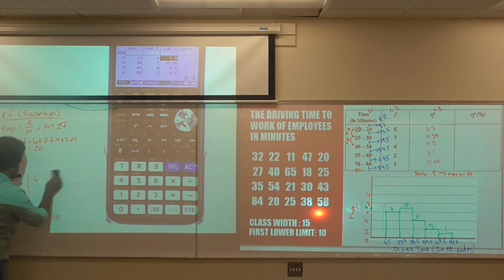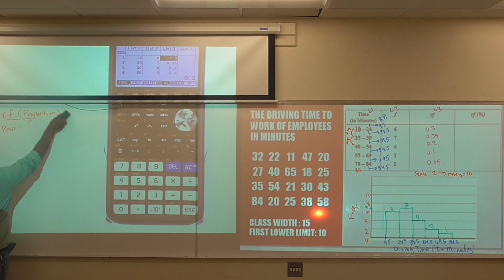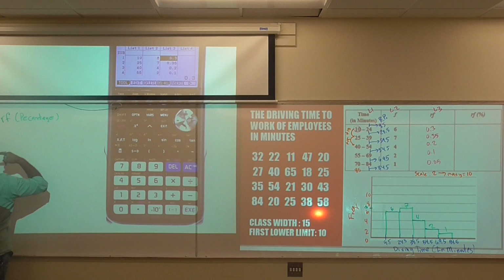How does percentage work? Percentage is not that bad. What we do is simply, I'll put it in green this time, for the relative frequency percent. I usually just use a quick, simple formula for percent, where you write PRC.